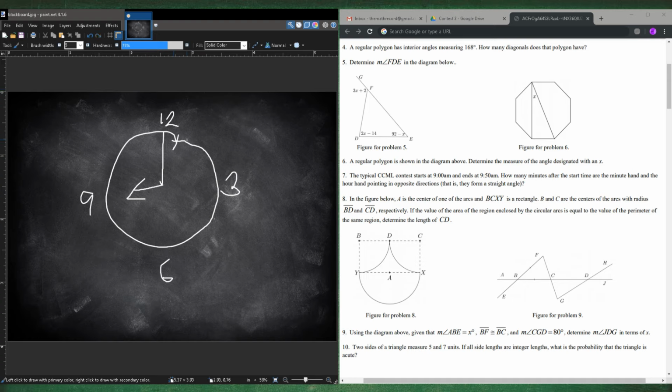Technically, what I do is I always just count the ticks in here. So 12 is at 0 because if you think about it, you have 1, 2, 3, 4, 5, 6. But technically, 3 is the 15th tick.